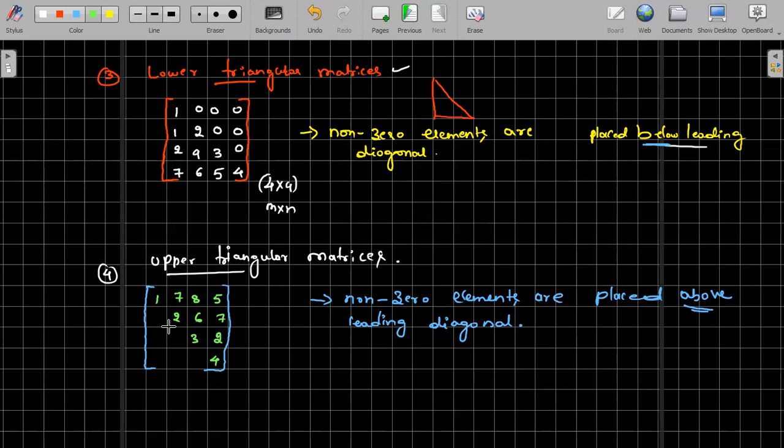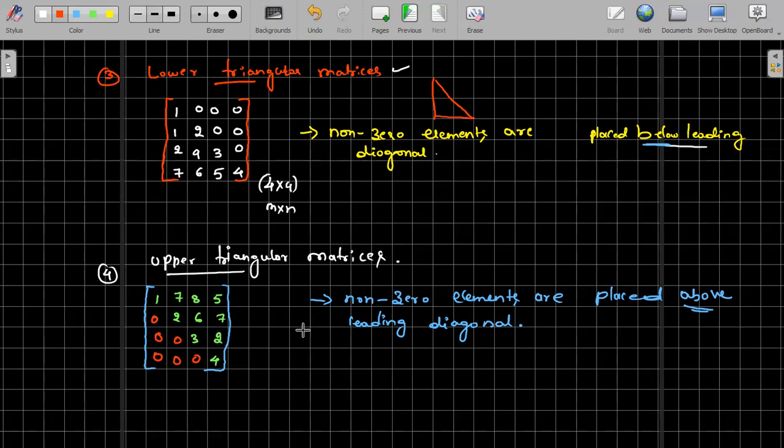So these are the elements above the diagonal. What about the rest? All the elements below the diagonal are 0 0 0 0 0 0.